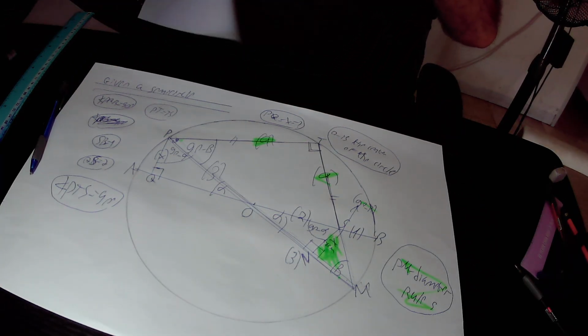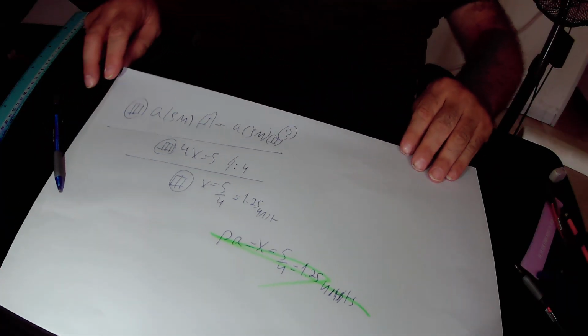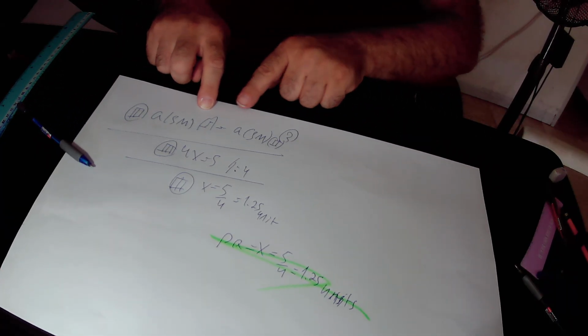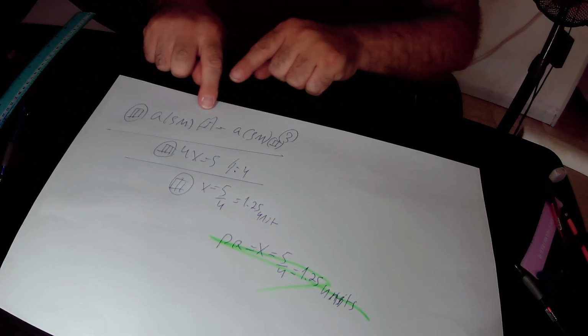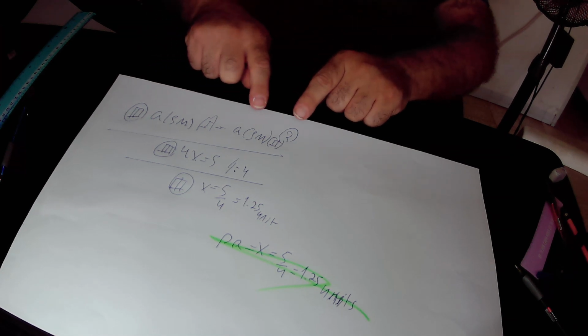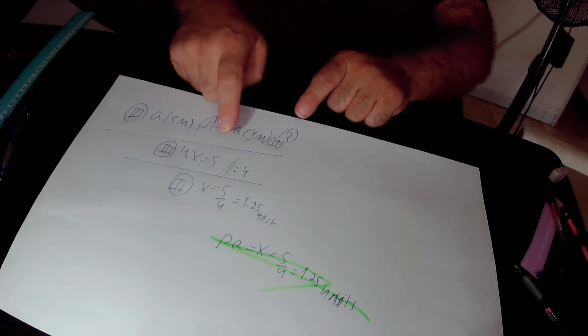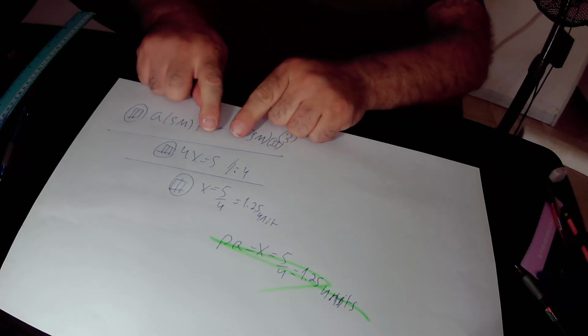A SM according to equation 1 equals 4x, and it must be equal to A SM according to equation 2, which is 5. So in total, according to equation 3, we find that 4x equals 5.